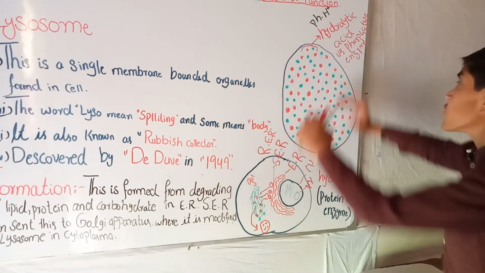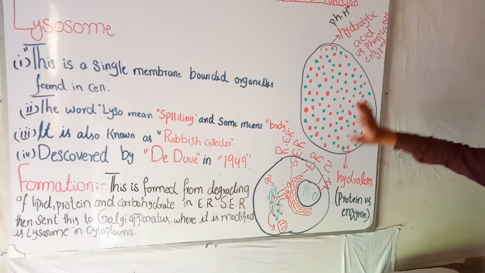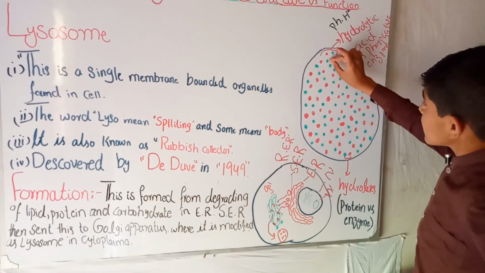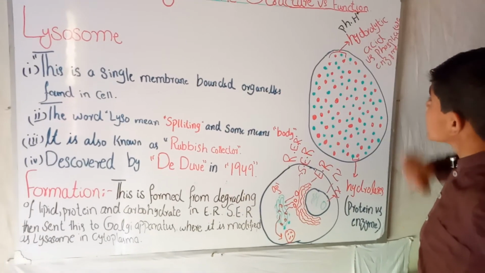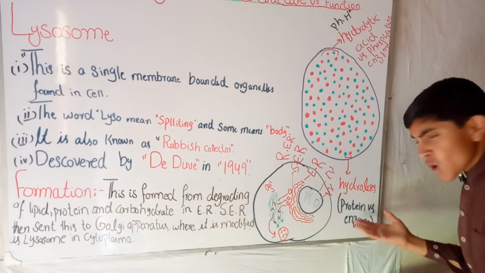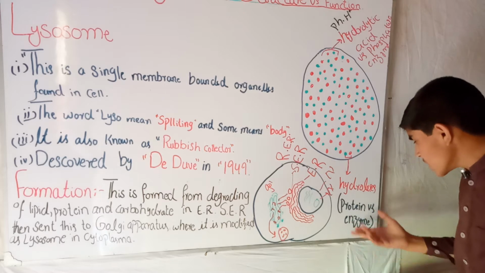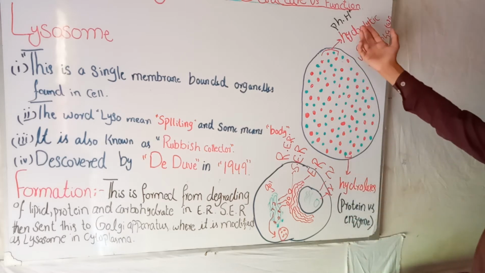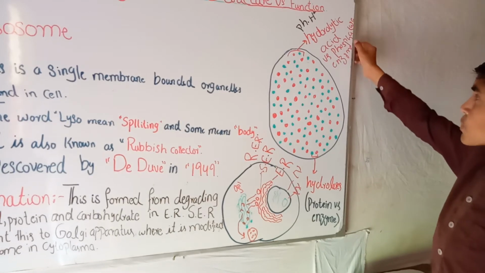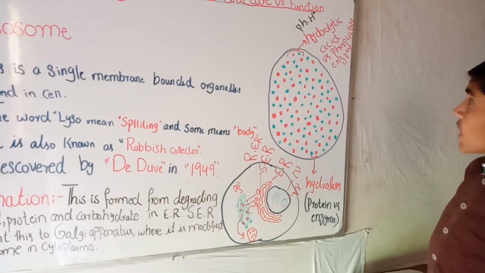So let's come to the structure. You can see here, students, there are two things, the red cells and the green cells. We also call these hydrolases, which are a combination of protein and enzyme, and I could also say hydrolytic acid and phosphatase enzyme.